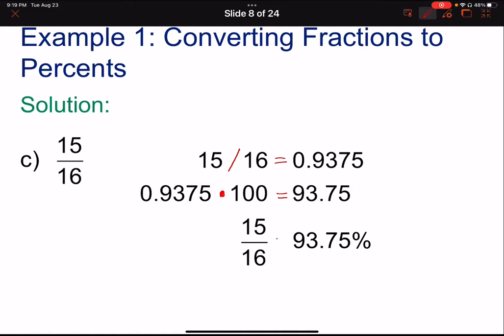Therefore, 15 over 16 equals 93.75%. Again, here, mathematically, it really means 0.9375 multiplied by 100%, which is 1, so nothing is changed, but the form it's written in now is percent format. Okay.